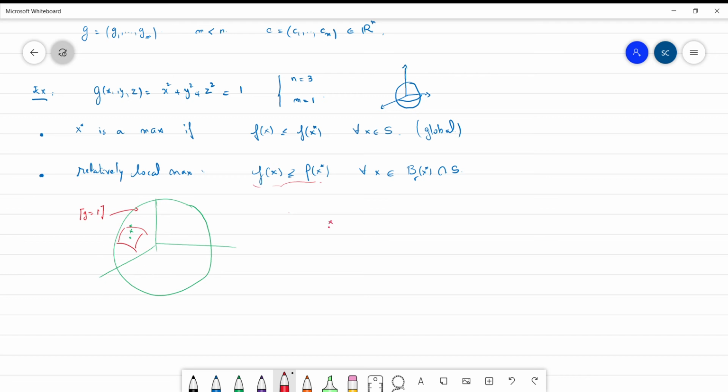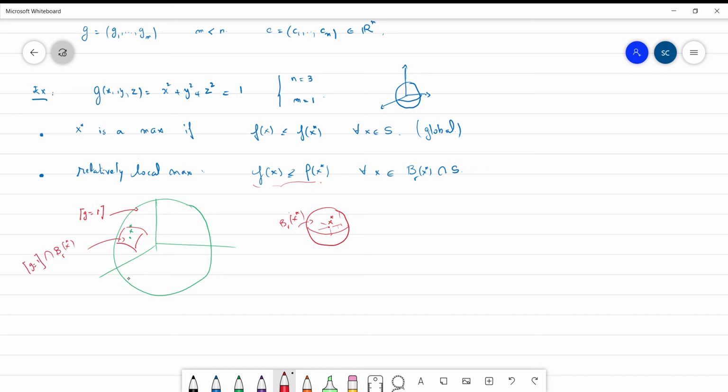X star is here, and I was considering a ball completely, and I could compare for any x with no restriction, as long as I am inside the ball BR at x star. But this time I have only the part BR at x star intersect with S, with G equal 1.